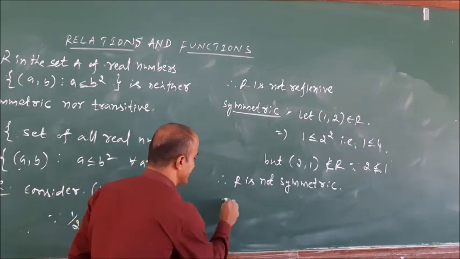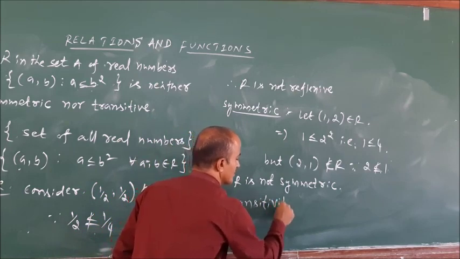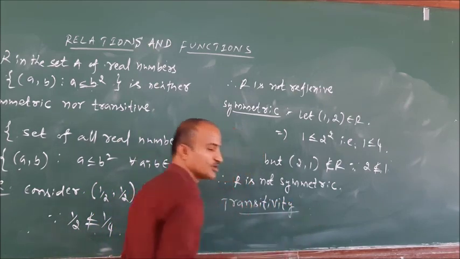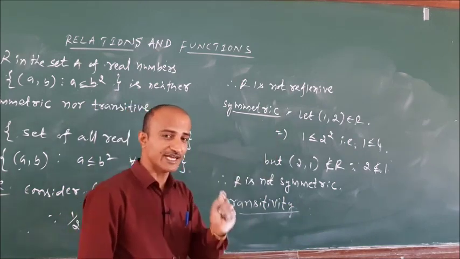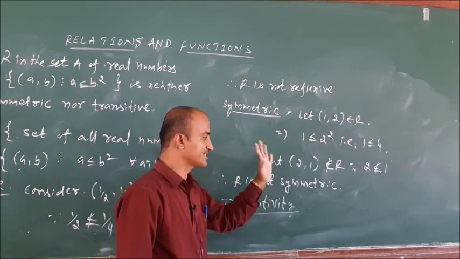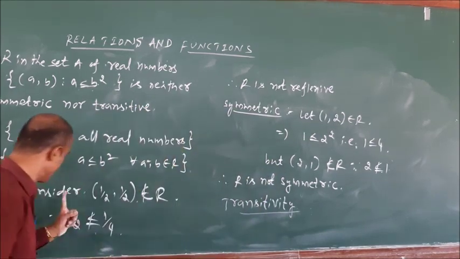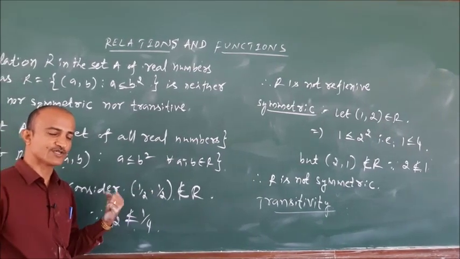Now for transitivity, very, very important: if you choose the ordered pairs such that they always satisfy the condition, it will not work; we need to choose some ordered pairs where it does not satisfy the condition. Here also in reflexive, if you take (1, 1), obviously 1 is less than or equal to 1 square.